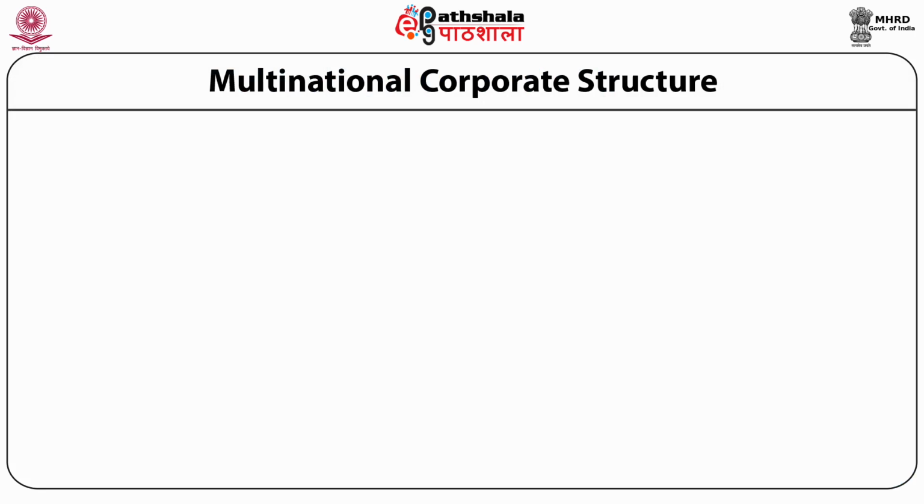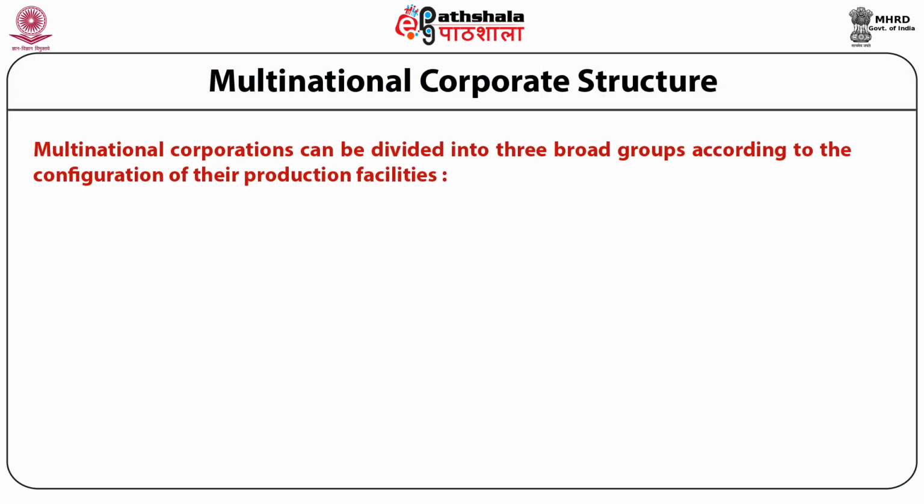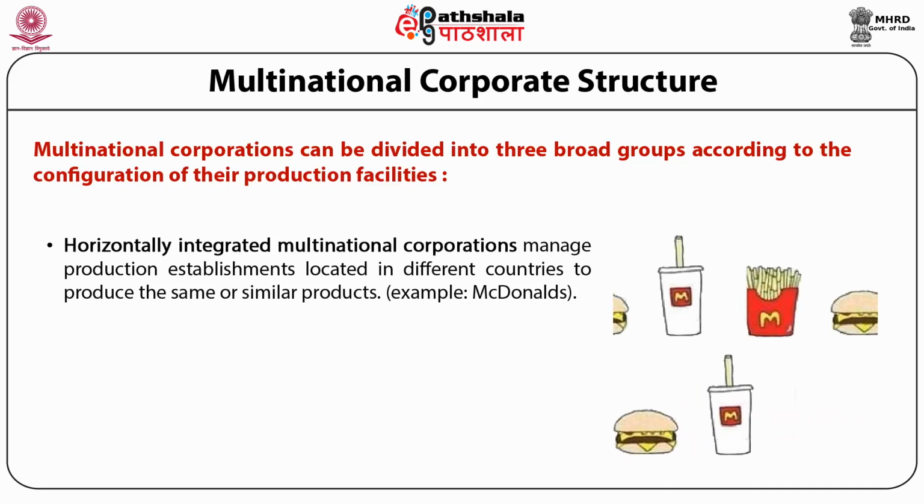Multinational corporate structure. Multinational corporations can be divided into three broad groups according to the configuration of their production facilities. Horizontally integrated multinational corporations manage production establishments located in different countries to produce the same or similar products, for example, McDonald's.